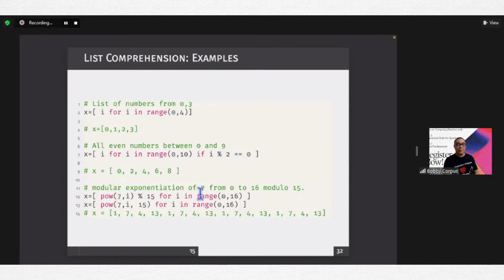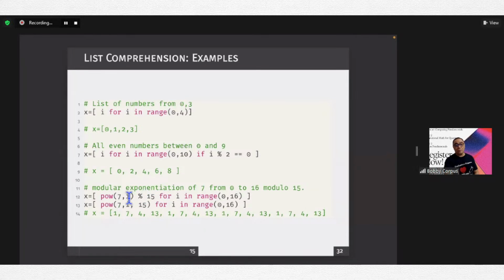Tapos, this one is very useful sa Shor's algorithm, especially if you're cracking the RSA. Meron dong exponentiation, modular exponentiation. No? So, for example, here, meron tayong base number, which is number 7, and we want to exponentiate it, no, to the number I, but get the result, get the modulo, get the remainder when you divide by 15.